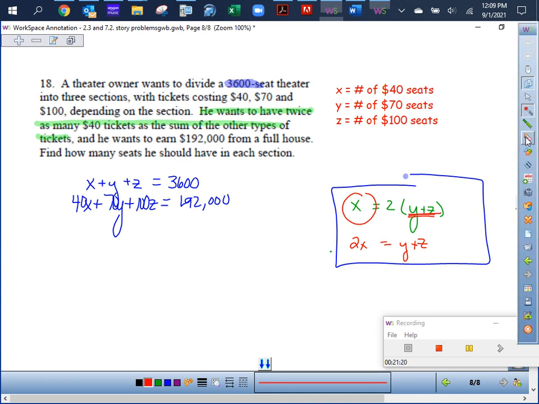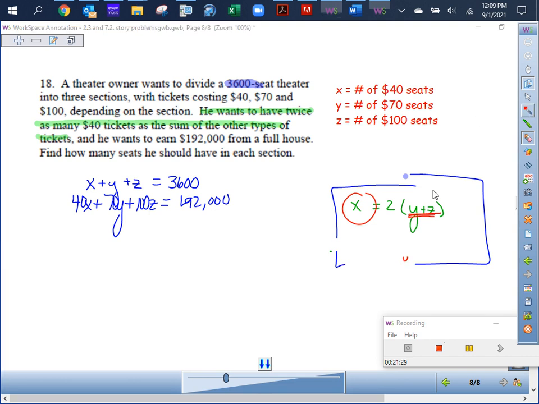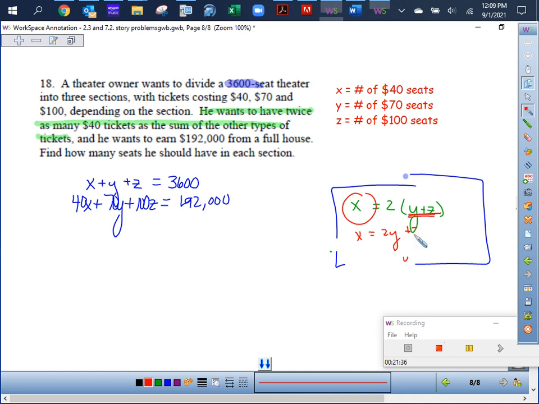So it's the green machine right here, which in no way can go into a matrix. Right, it's got parentheses in it. It's got all this other crazy stuff. So let's distribute the 2 through. So x is going to equal 2y plus 2z. And that still can't go in the matrix because it's not all lined up.